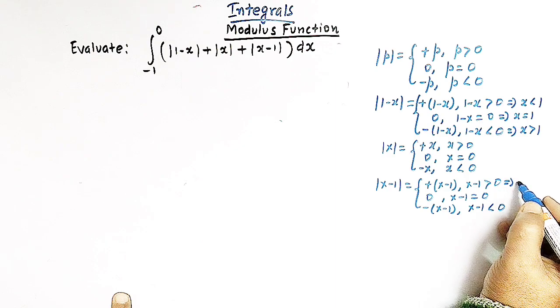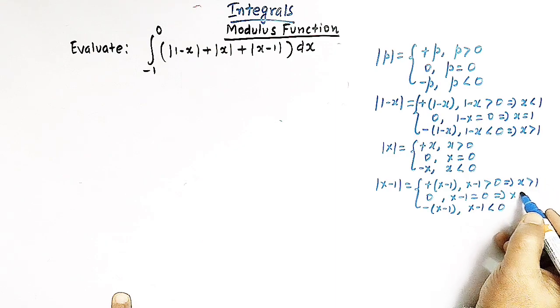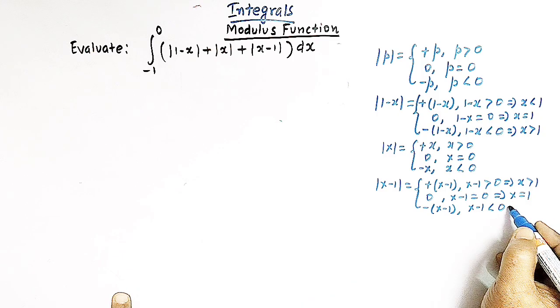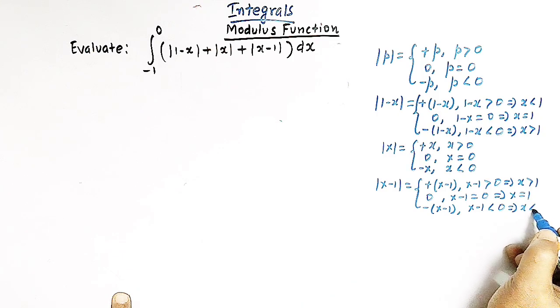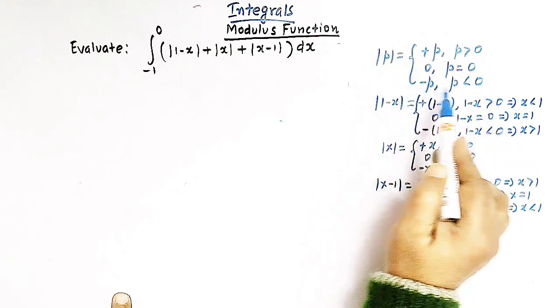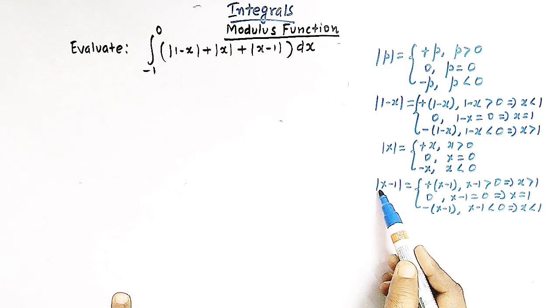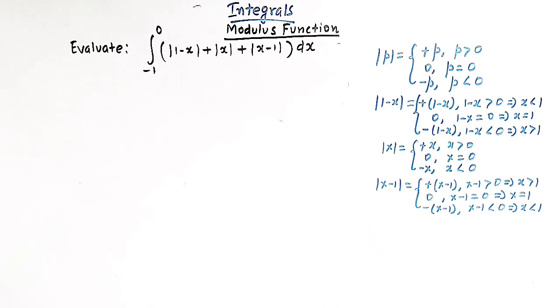So from here we can see that x is greater than 1. From here x is equal to 1, and from here x is less than 1. So this is how with the help of this definition we can define mod of 1 minus x, mod of x, and mod of x minus 1.